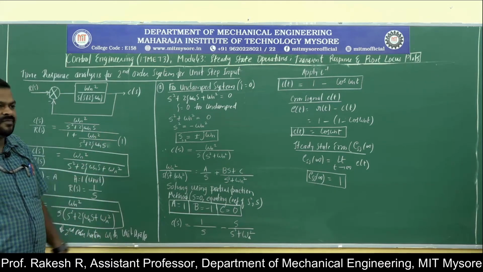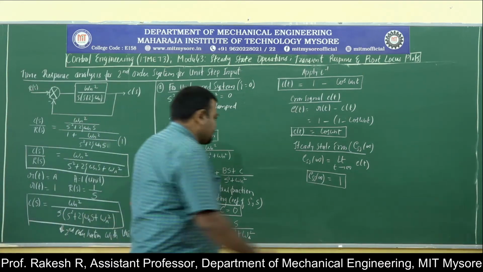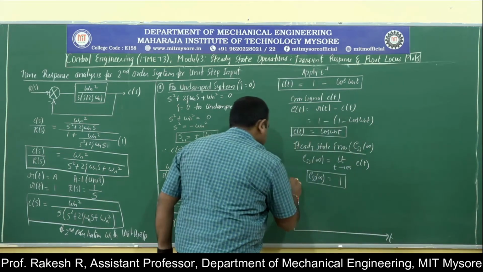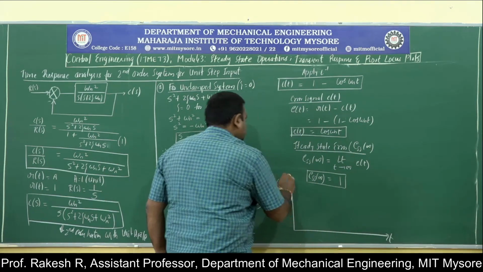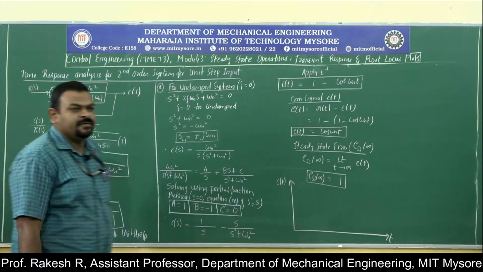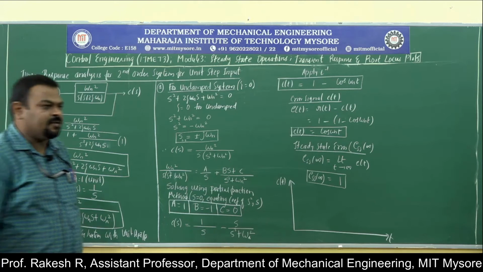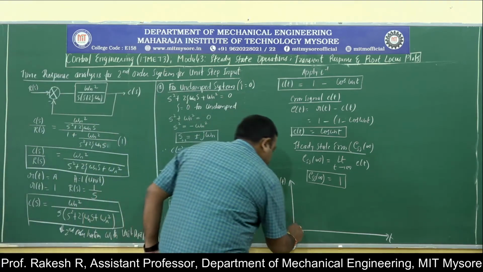Since it is a cosine function, it looks like this. So the graph will be t versus C of t. If you plot a graph of the cosine function, the graph will look like this.